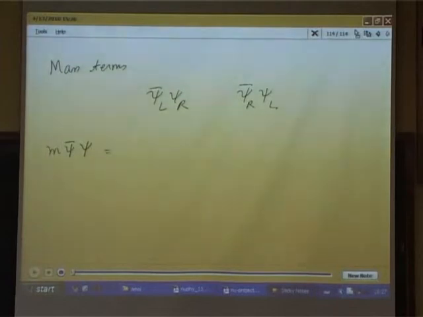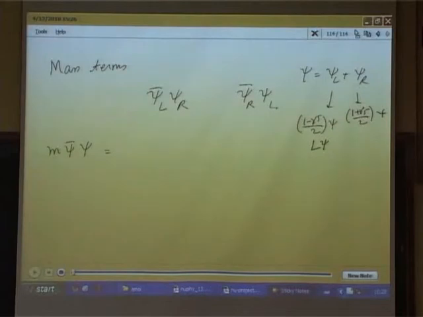Now I write my psi as psi_L plus psi_R, where psi_L is (1 minus gamma_5)/2 times psi and psi_R is (1 plus gamma_5)/2 times psi. Not to be confused with the L's and R's here.